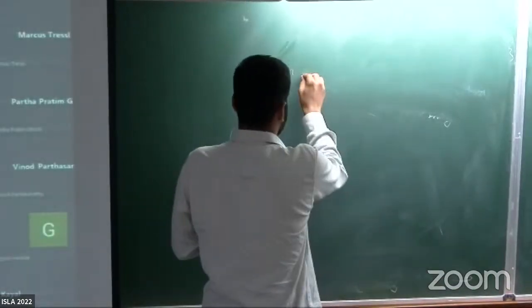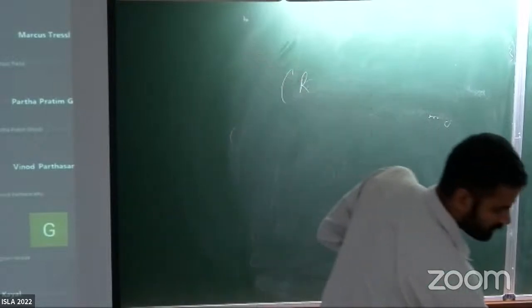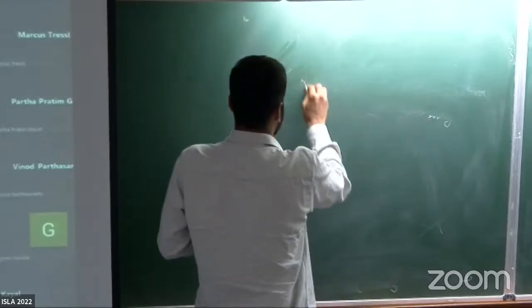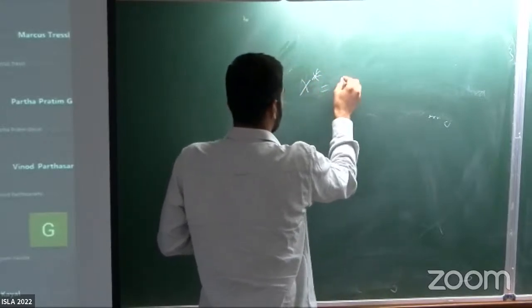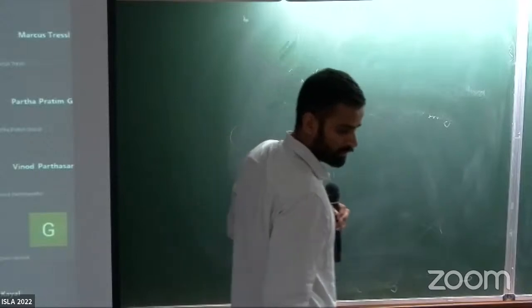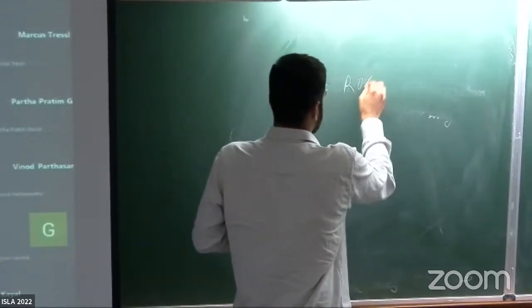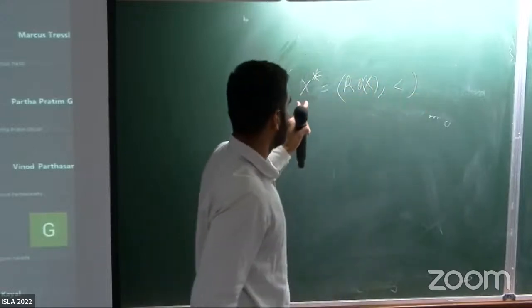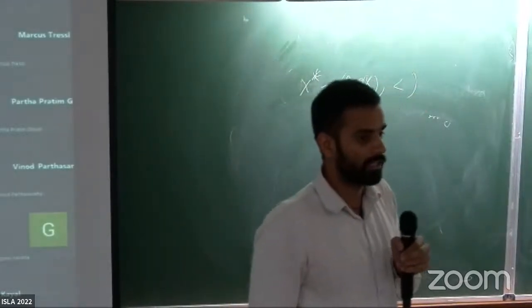And X star, that is equal to R of X, is a de Vries algebra.